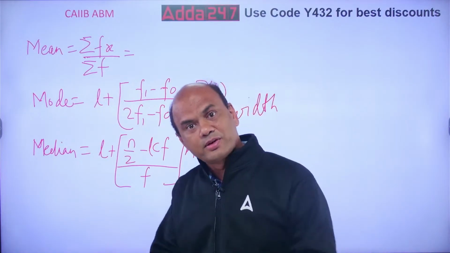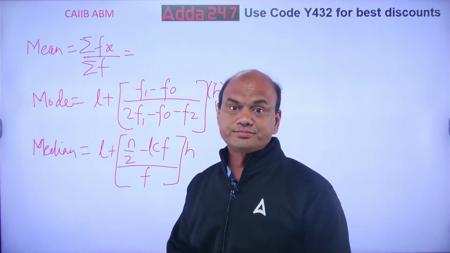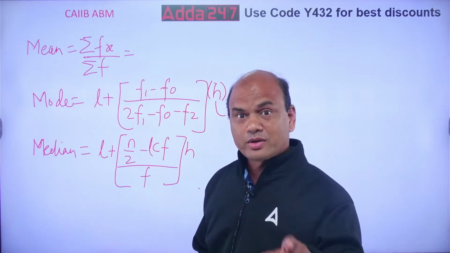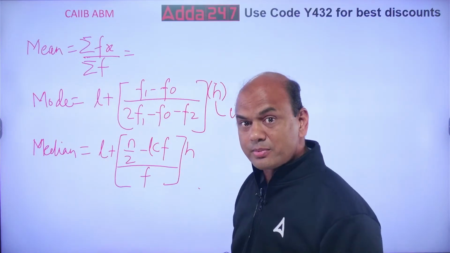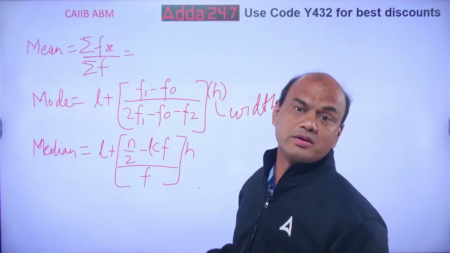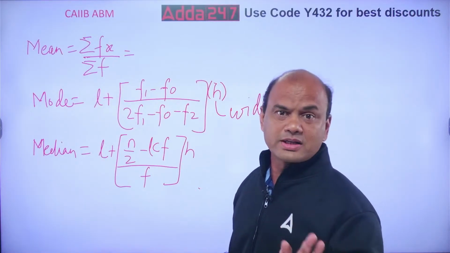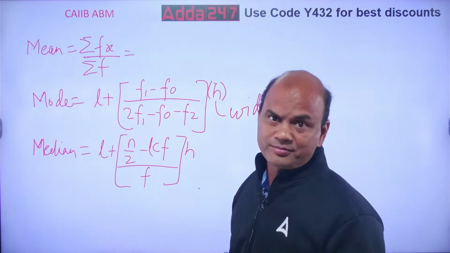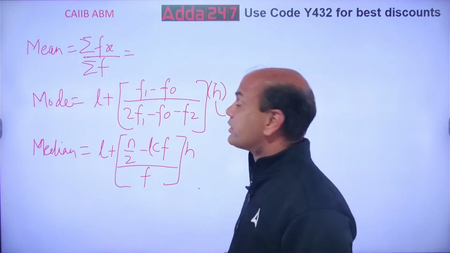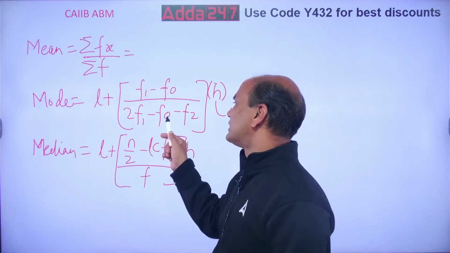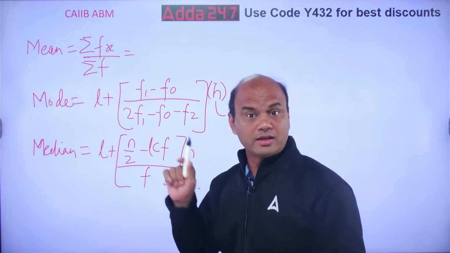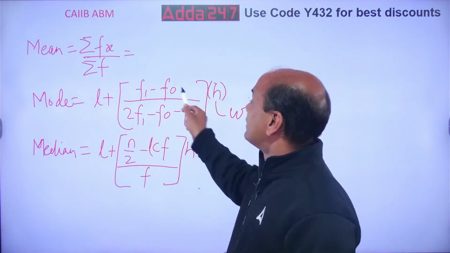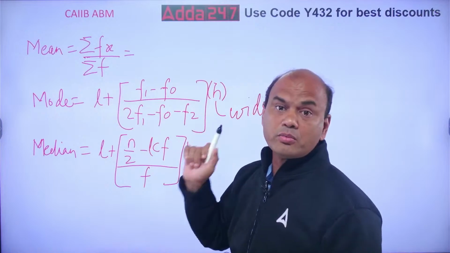Here you get double increment. Why do you get double increment? Because this is tough. Kindly note this. So, 2F1 minus F0 minus F2. Done, everyone? This is the formula for your mode.